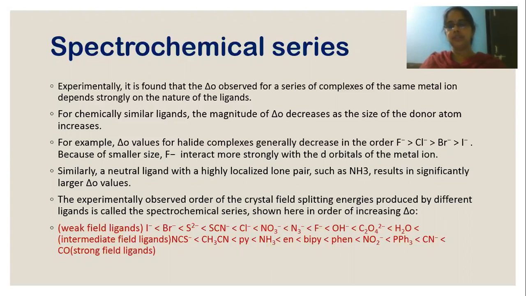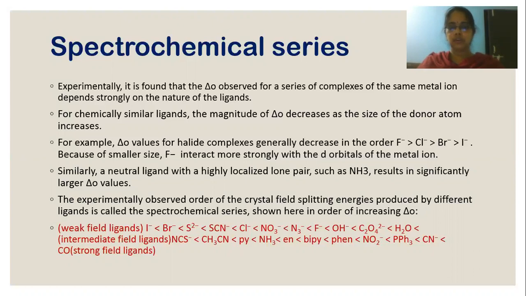T2g orbitals include dxy, dyz and dzx. Eg orbitals include dx square minus y square and dz square. So as the ligands approach the metal atom, the degenerate d orbitals split into two sets of different energies.